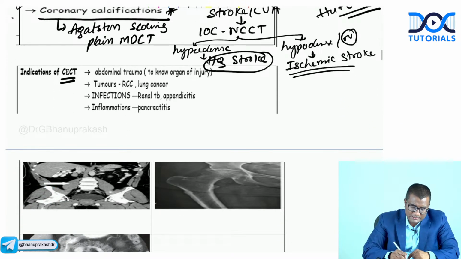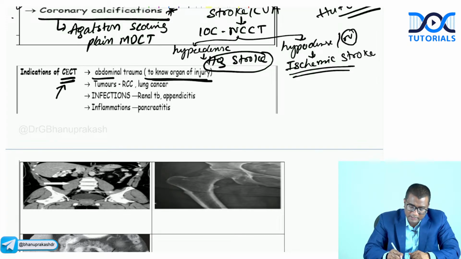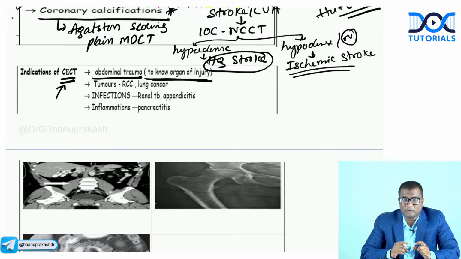Now coming to CECT. CECT is used to know which organ is involved in abdominal trauma, the organ of injury. I taught you yesterday that when you do FAST, we look at the fluid around the heart, the liver, the kidney.